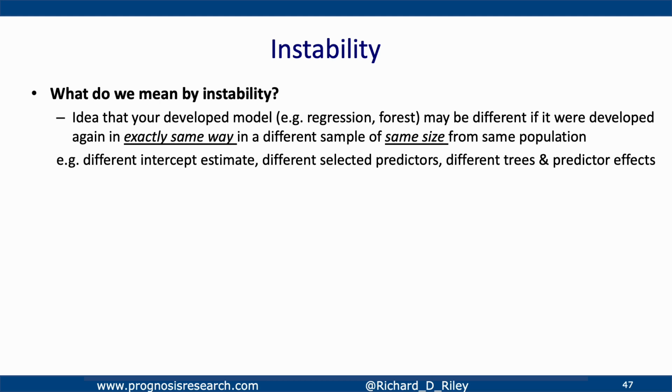So if you're fitting a logistic regression and you had two different data sets, let's say both of the same size 100 but sampled so that they may be different individuals, then the model would have a very different intercept, different selected predictors, different beta coefficients. If it was a random forest, you'd have different trees, different pathways, different predictors, different interactions included. All these things lead to differences.